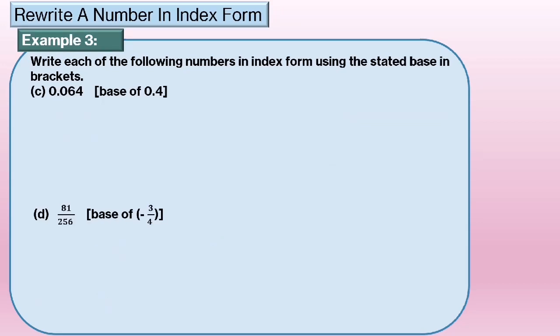c. We need to rewrite 0.064 in index form and the base is 0.4. For decimal numbers, normally I prefer to use the repeated multiplication method. Quite simple. You see, the base is 0.4, so you start with 0.4 times 0.4. So you check, equals what? 0.4 times 0.4 equals 0.16.